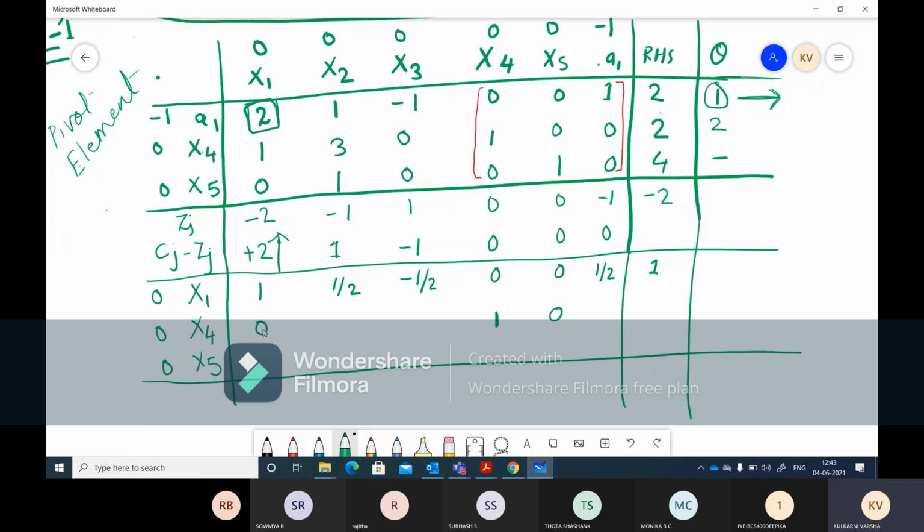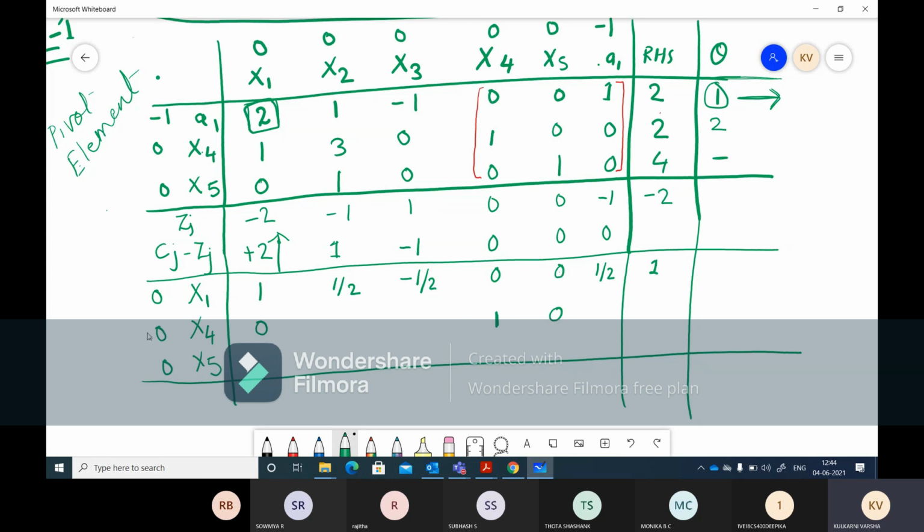But let us see whether the same subtraction will be okay to get these values or not. So here, because this is x4, the old x4, from this one if we subtract this 0, we'll get 1. So it is working. Now check over here also. From this 0, because it belongs to x4 only, if we subtract this 0, we'll get 0.